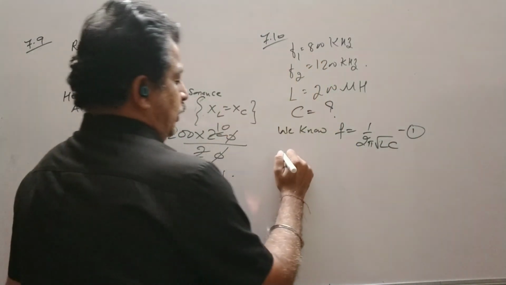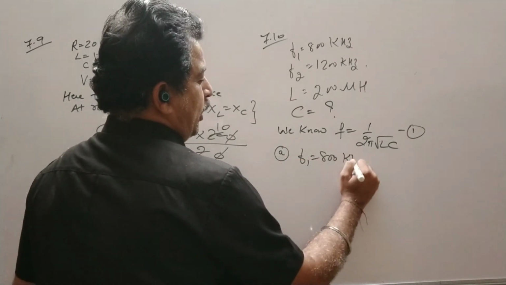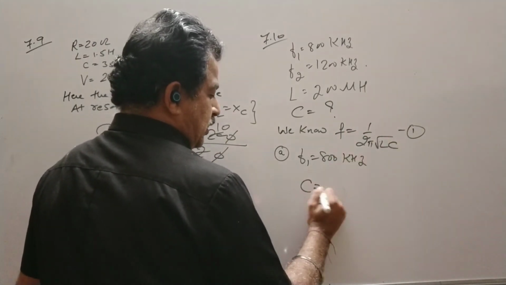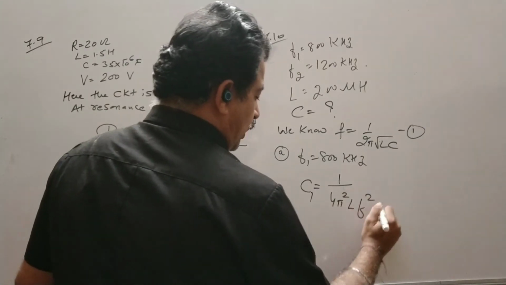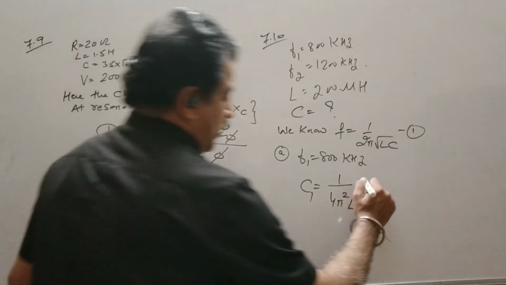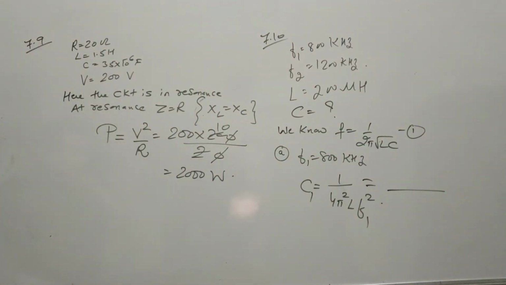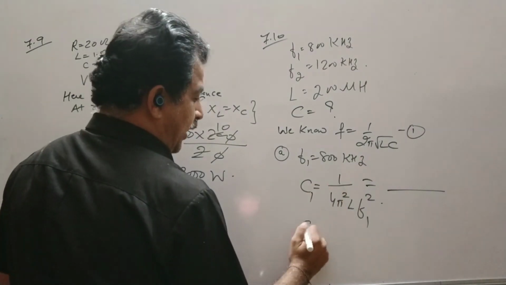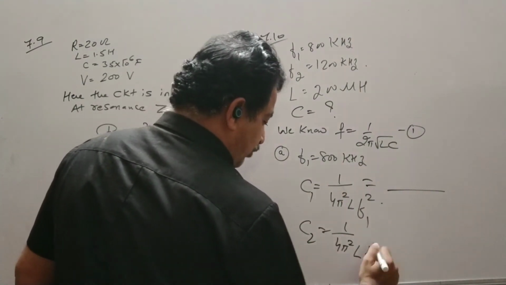Now in the first case, when F1 is equal to 800 kilohertz, we can square this equation. So C1 is equal to 1 upon 4 pi square L into F1 square. So it is inversely proportional. This value will be more as frequency decreases, the capacitance will increase, and C2 will be equal to 1 upon 4 pi square L F2 square.